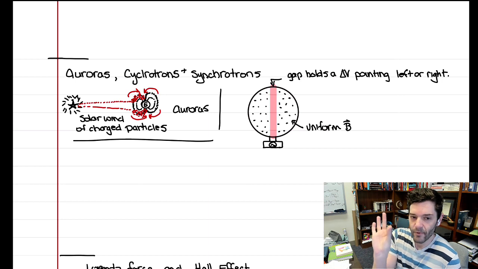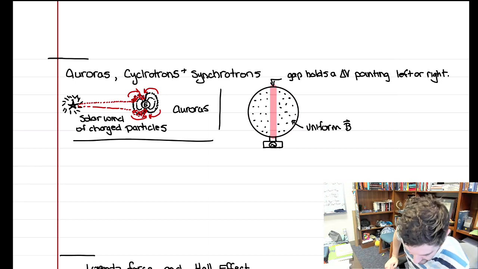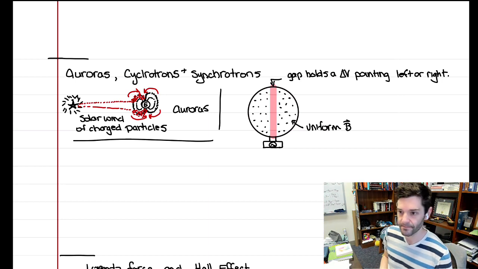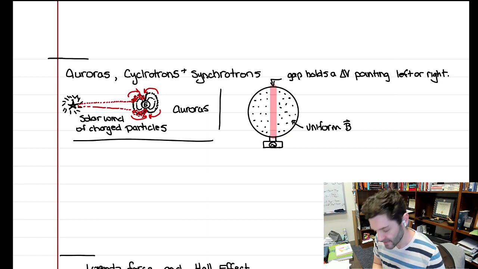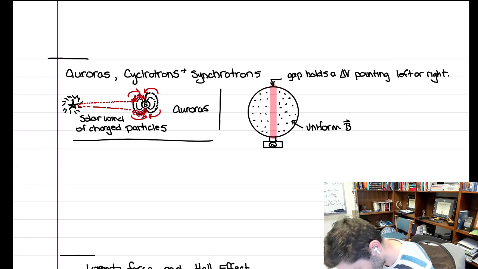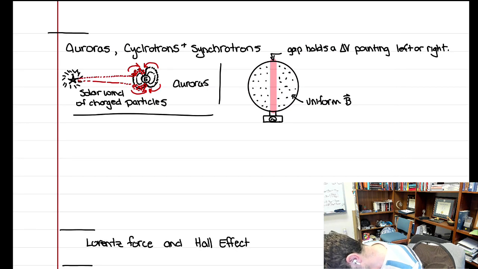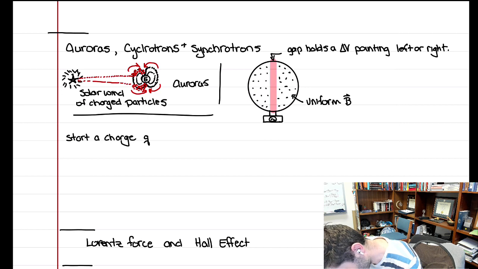The idea is that if you want to accelerate a particle up to high speeds, you can take a particle, maybe we'll just work through it. Let's suppose you start a charge that has charge Q, and again, let's stick with positive to make our life simple, and it also has mass M.